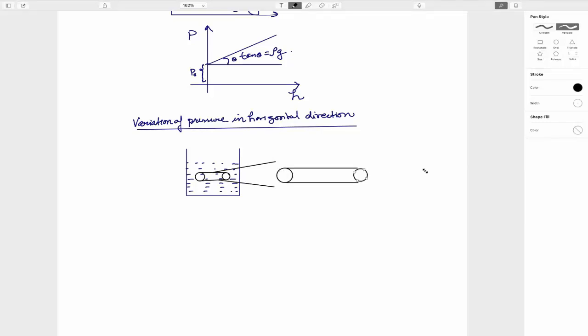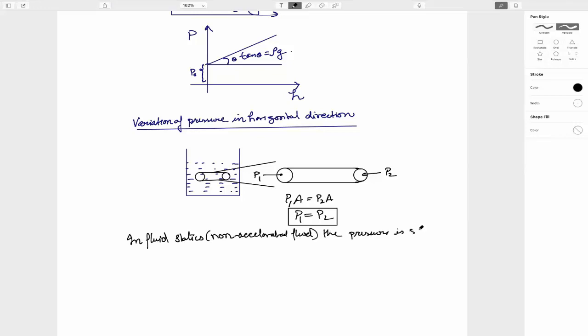And if you do the free body diagram of this figure, then that is P1, let's say this is P2. And if you do free body diagram, then P1 A is equal to P2 A. So P1 is equal to P2. So in fluid statics or non-accelerated fluid, the pressure is same along horizontal line.